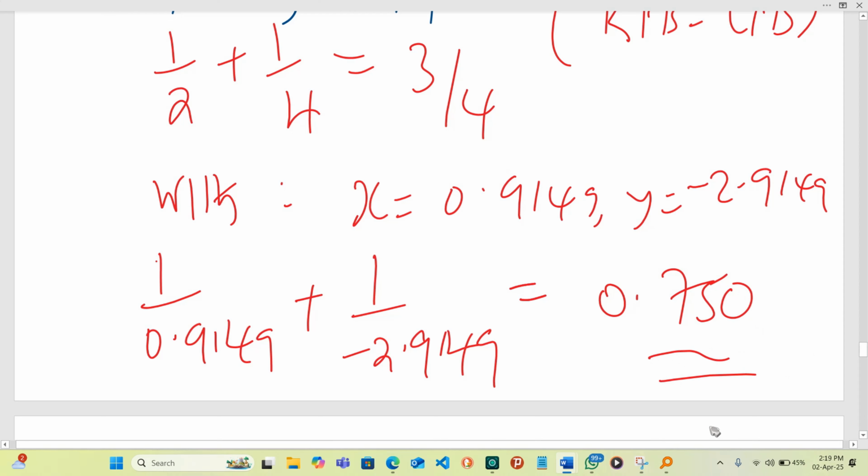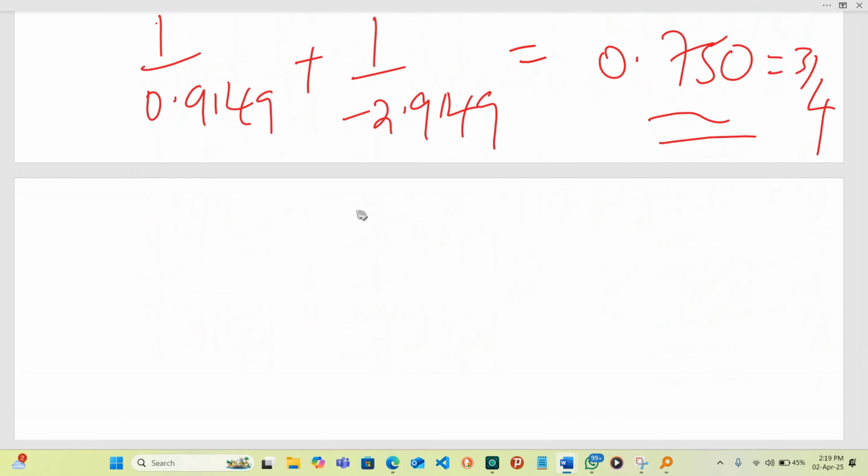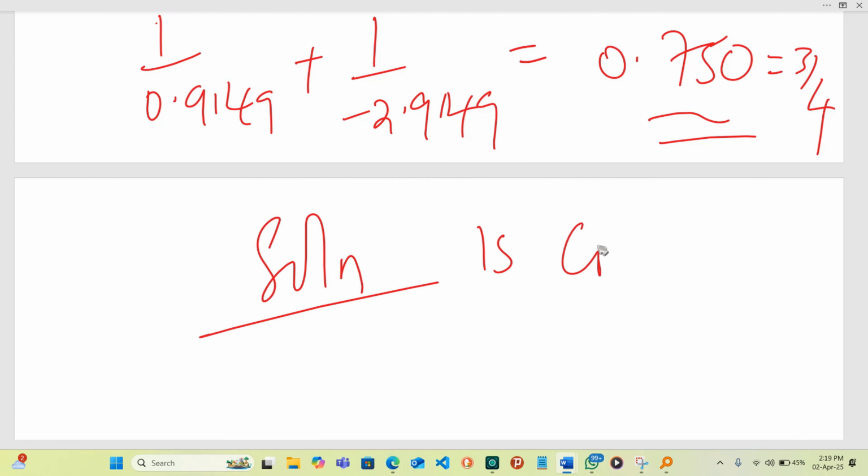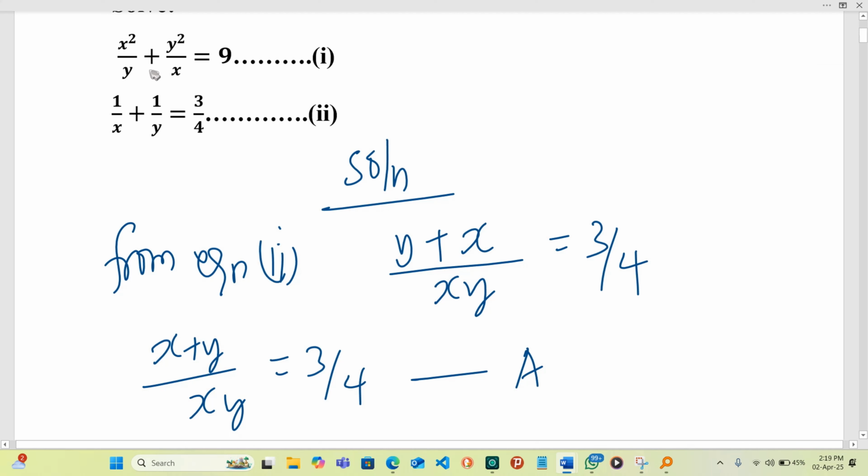So this gives us again 3 out of 4, meaning, ladies and gentlemen, our solution is correct. So that's how we have been able to solve this problem. Thank you.